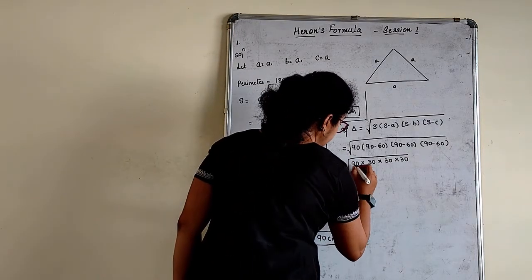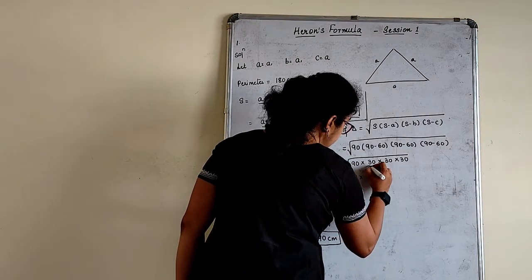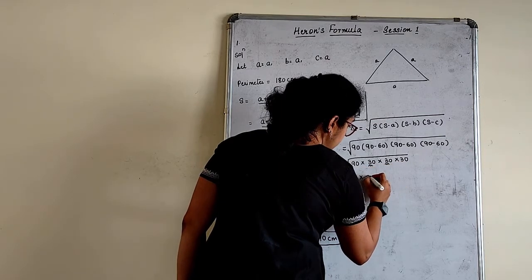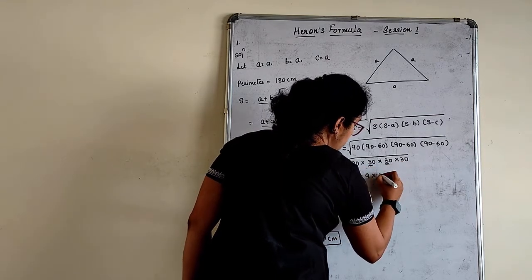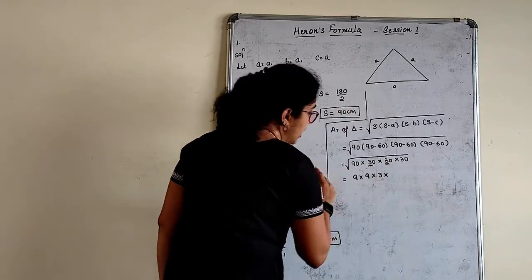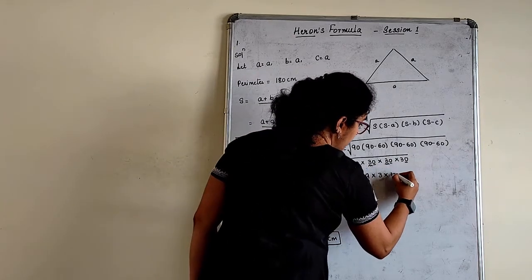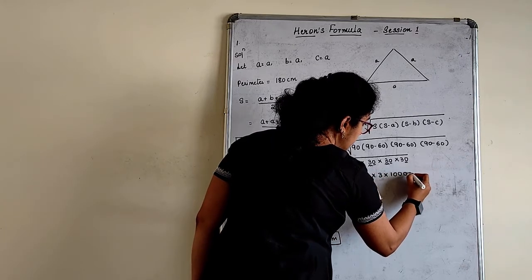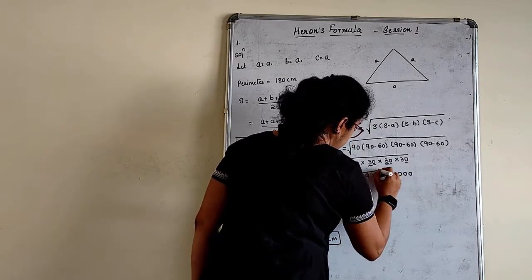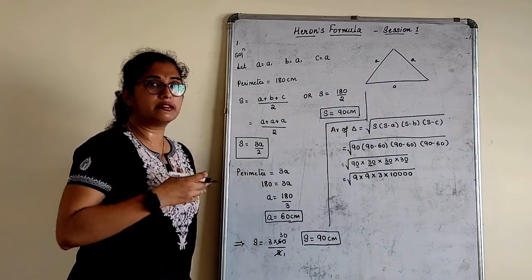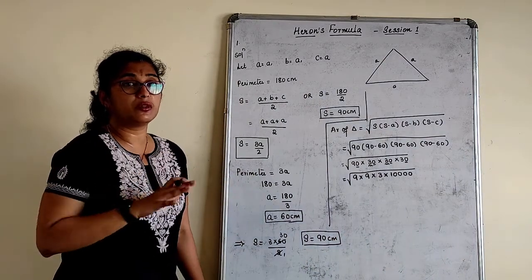So what I will write here now is 9 into 3 into 3, 3, 3, and how many zeros? 1, 2, 3, 4. Always try to write it in the simplified form, break that into simplified form.